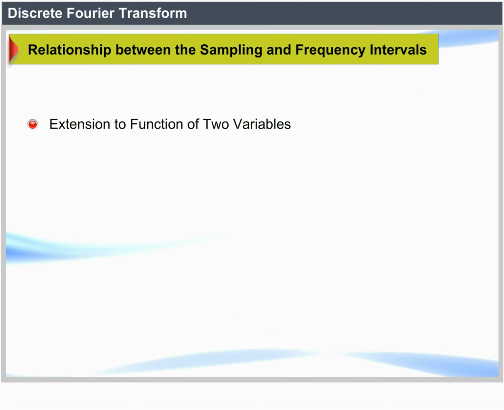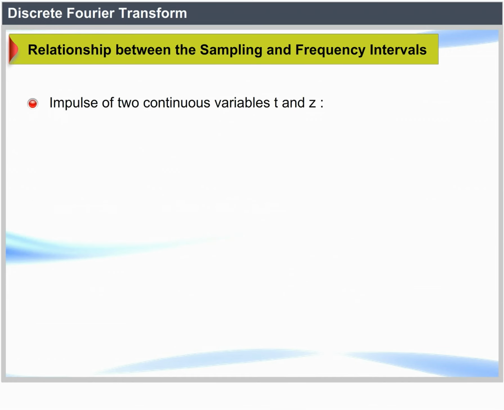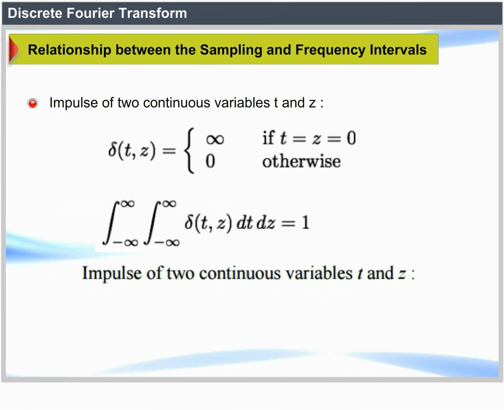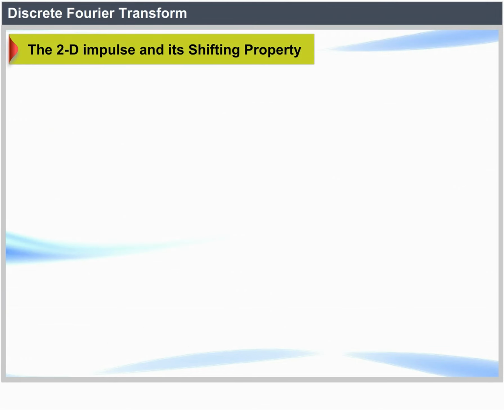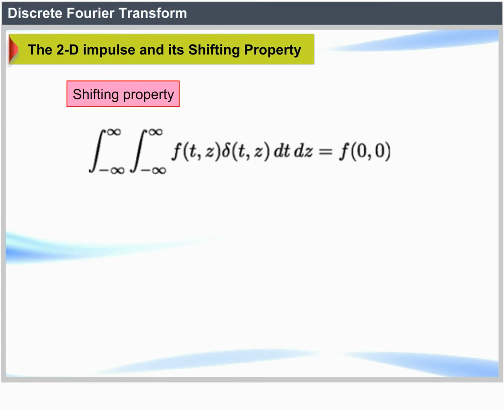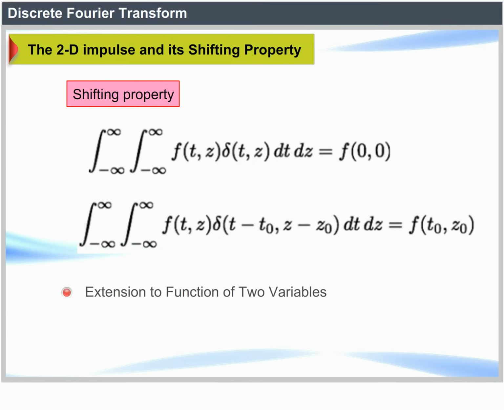Extension to function of two variables, the 2D impulse and its shifting property. 2D discrete impulse equation is shown on the screen. Shifting property. The equation is as shown on the screen. The 2D continuous Fourier transform pair.